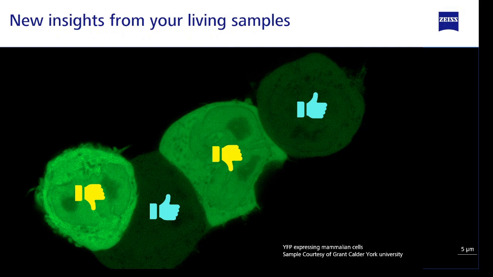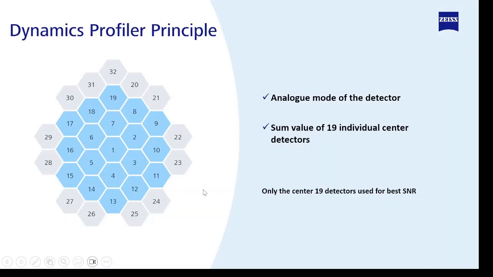As I mentioned, the traditional FCS can only work for dim samples, so only these two very dim cells can do FCS. But in the Dynamics Profiler, you can do FCS on all the samples. Even these two bright cells can do FCS in the Dynamics Profiler. Why?